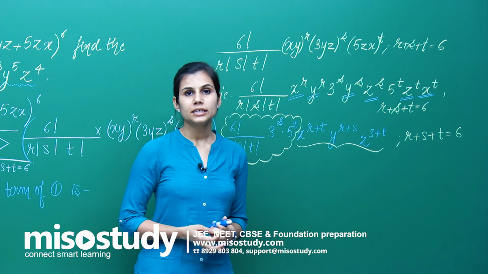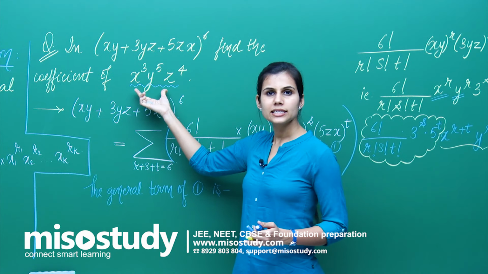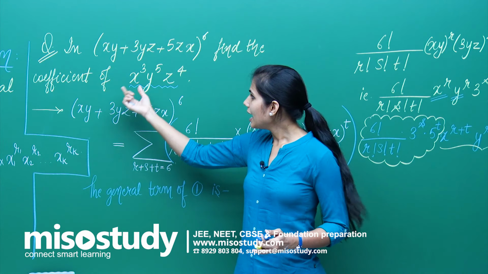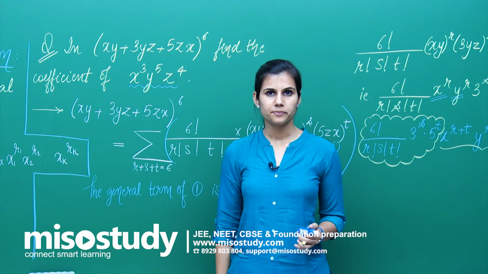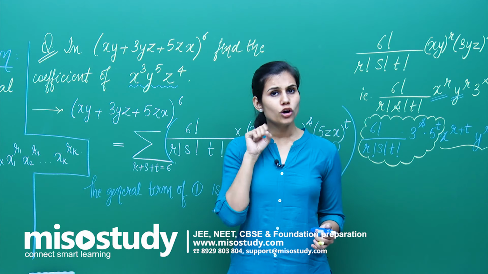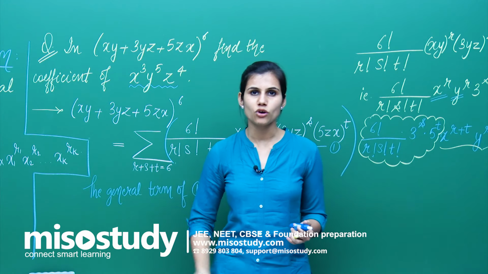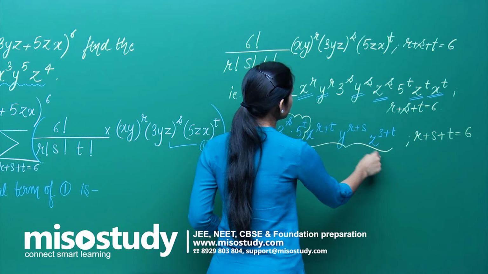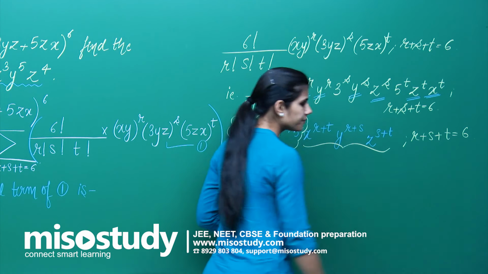I want a term which has this expression. If x, y, z are sitting in every term of this multinomial expansion, which they are, then I want x to sit with this power, y with this power and z with this power. Catch hold of that term of this multinomial expansion which has x, y, z sitting in this combination. So over here, in this general term, x, y and z are sitting in this combination, such that this is true.